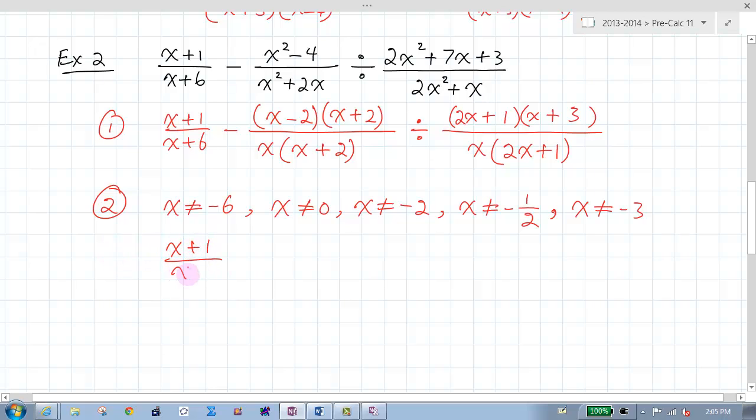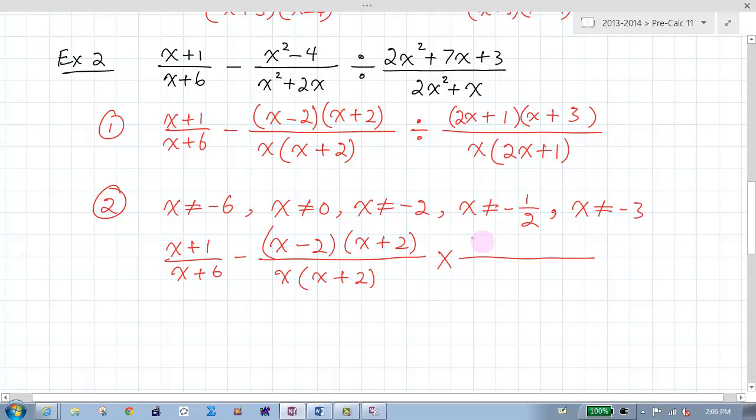So x plus 1 over x plus 6 minus x minus 2 times x plus 2 over x times x plus 2, make it a multiply, flip the fractions or reciprocate the rational expression. X times 2x plus 1 goes to the top, 2x plus 1 times x plus 3 goes to the denominator. So this last non-permissible that we have is for this.